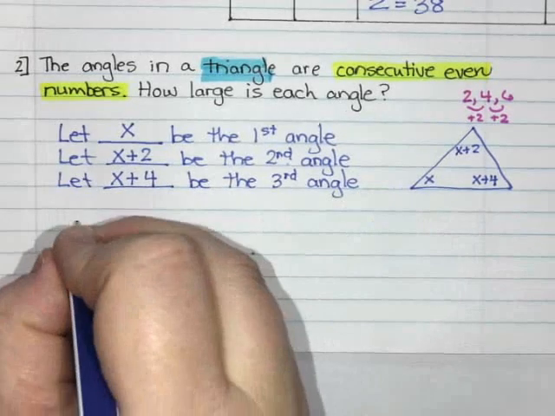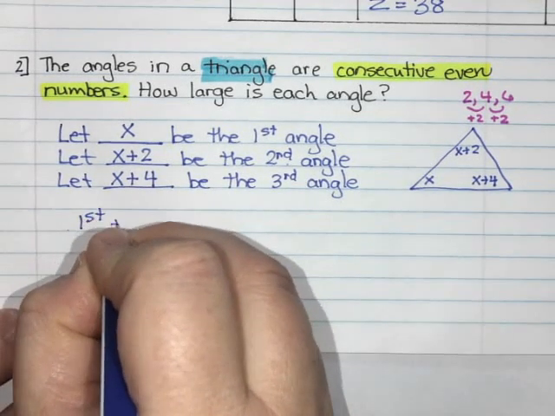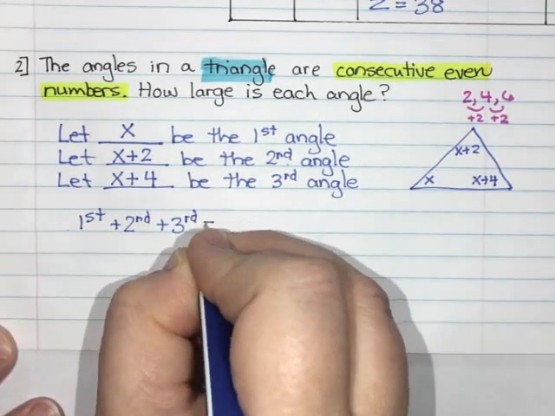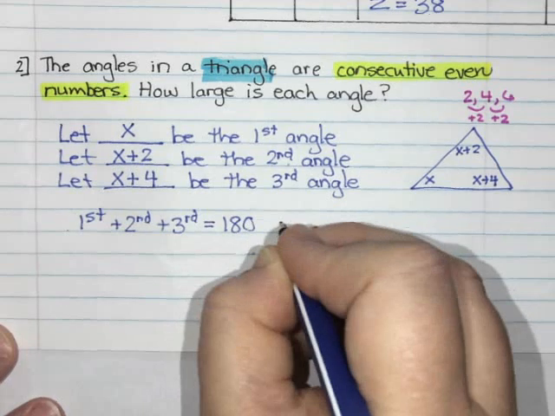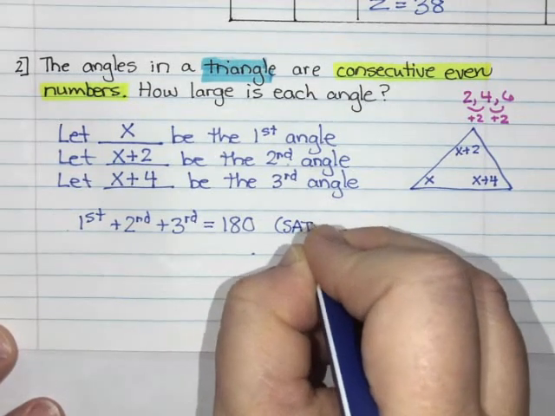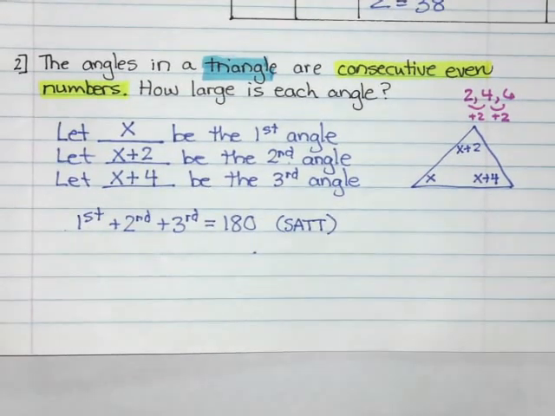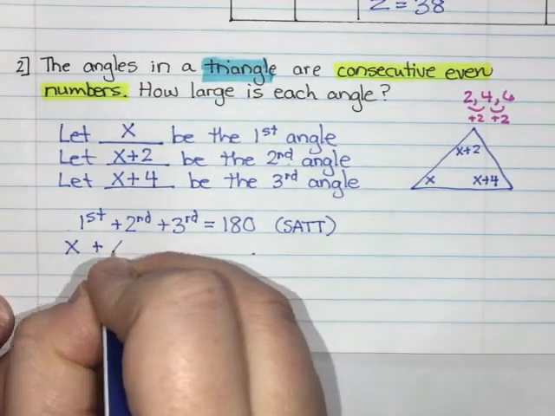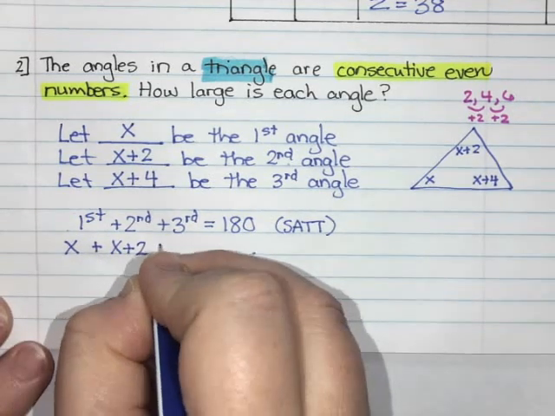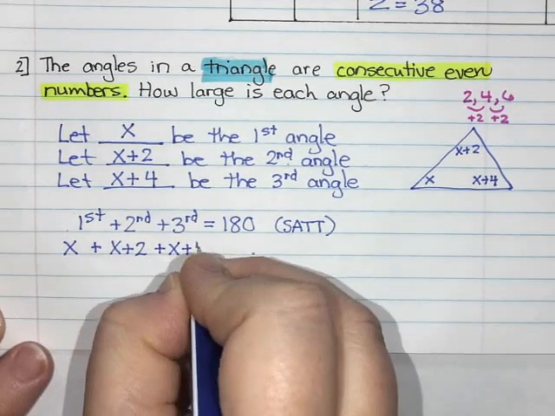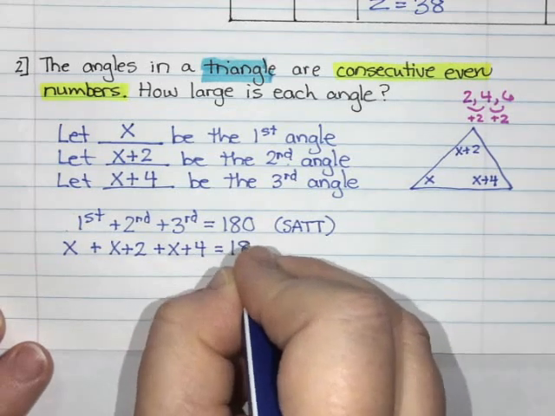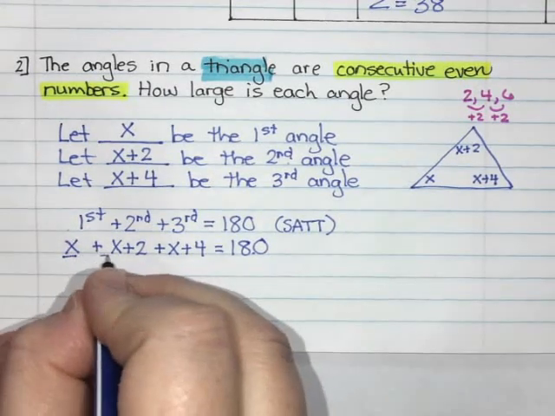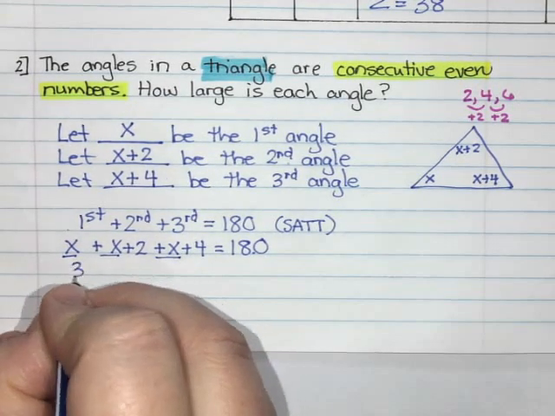So if I take my first angle plus my second angle plus my third angle, they should add to 180 degrees because of SATT. So my first angle is x, my second angle is x plus 2, my third angle is x plus 4, and they equal 180 degrees. I'm going to collect my like terms. I have x plus x plus x, which is 3x.